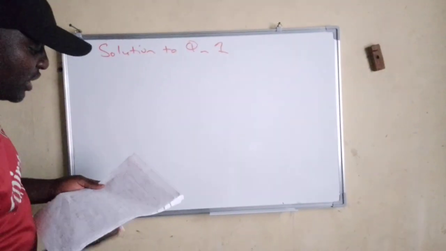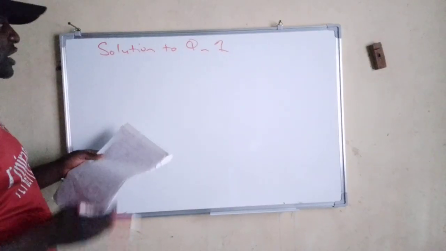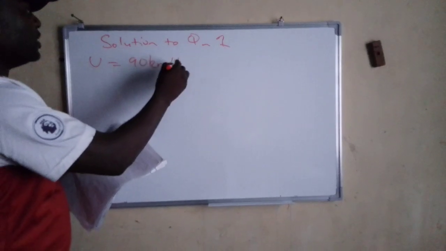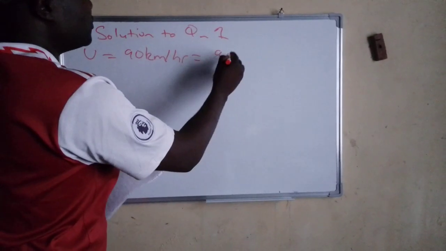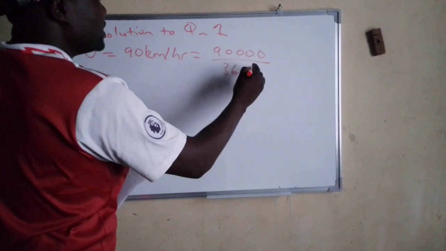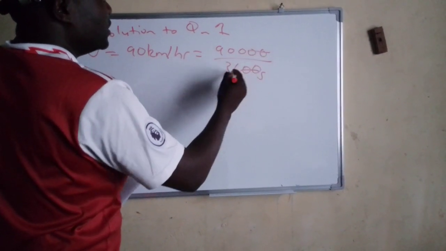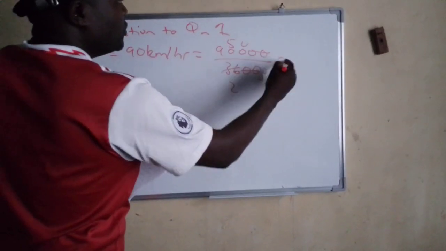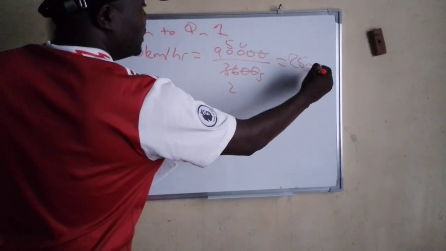Question 1 says the lorry is moving at an initial speed of 90 kilometers per hour. So the initial speed is 90 kilometers per hour, which is 90,000 meters over 1 hour, which is 3,600 seconds. This will be 25 meters per second.